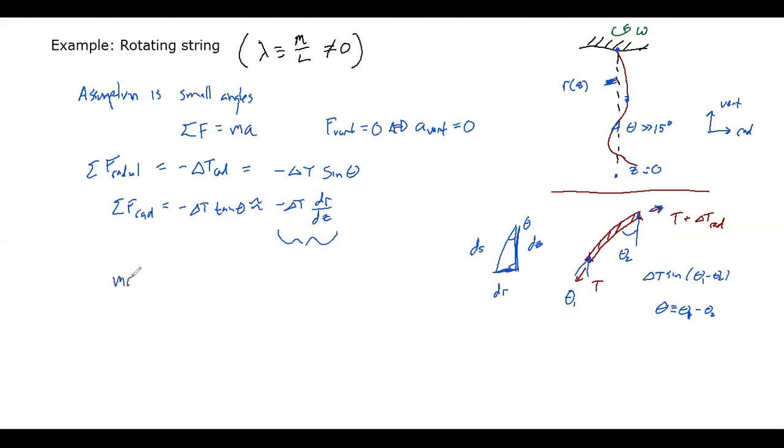So MA, we have a little piece of mass, dm. That's the mass of this little segment of string whose acceleration we're looking at. And then acceleration is centripetal acceleration.